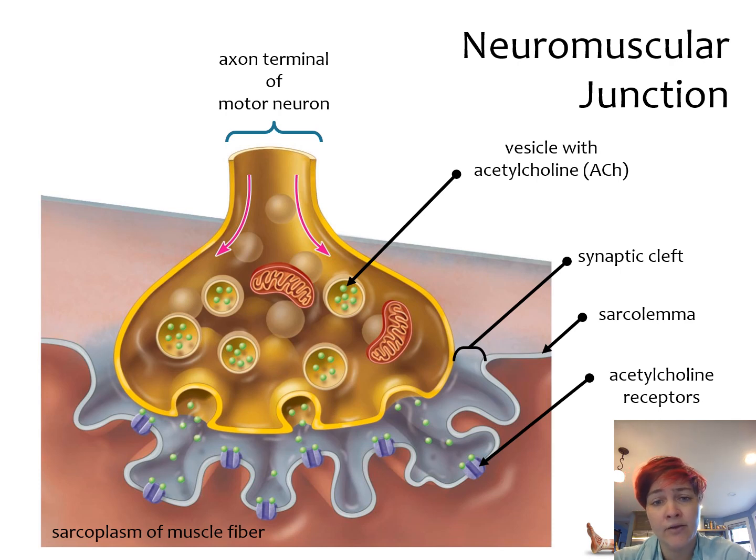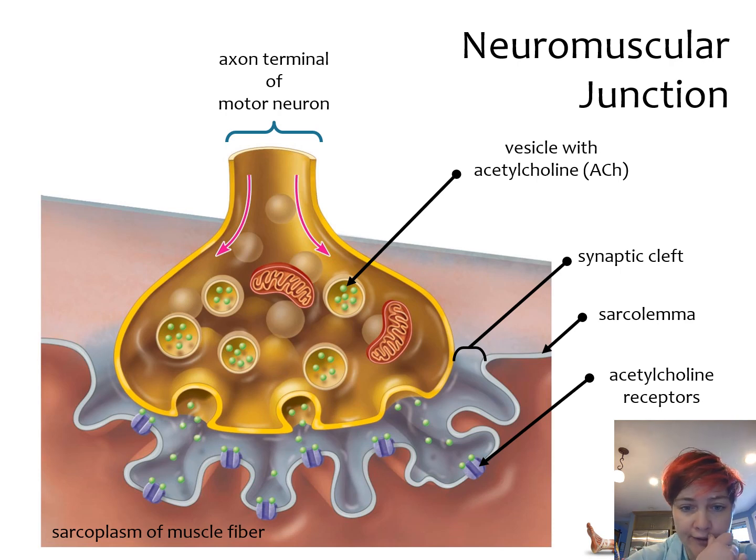These receptors pick up the acetylcholine, and then it generates an action potential that gets sent down from wherever the junction is down to the end of the fibril.